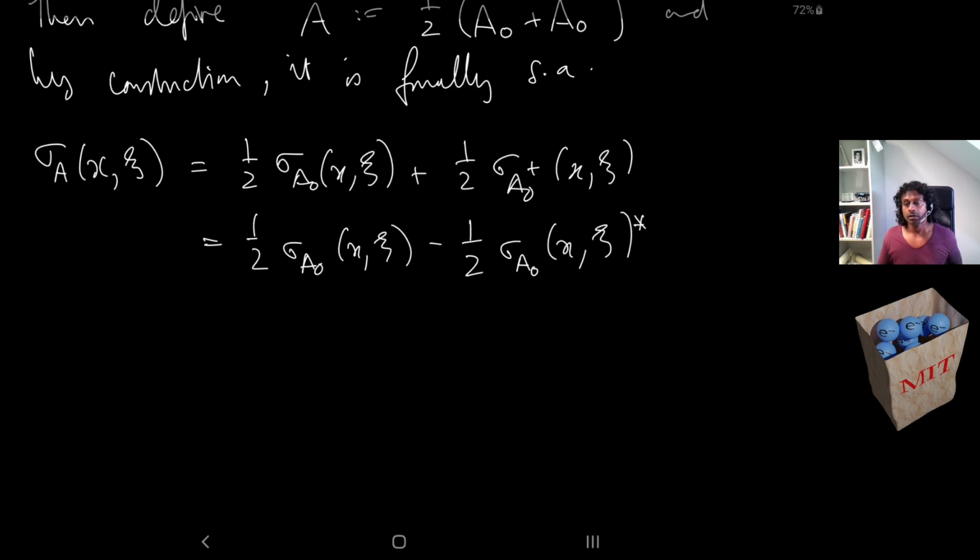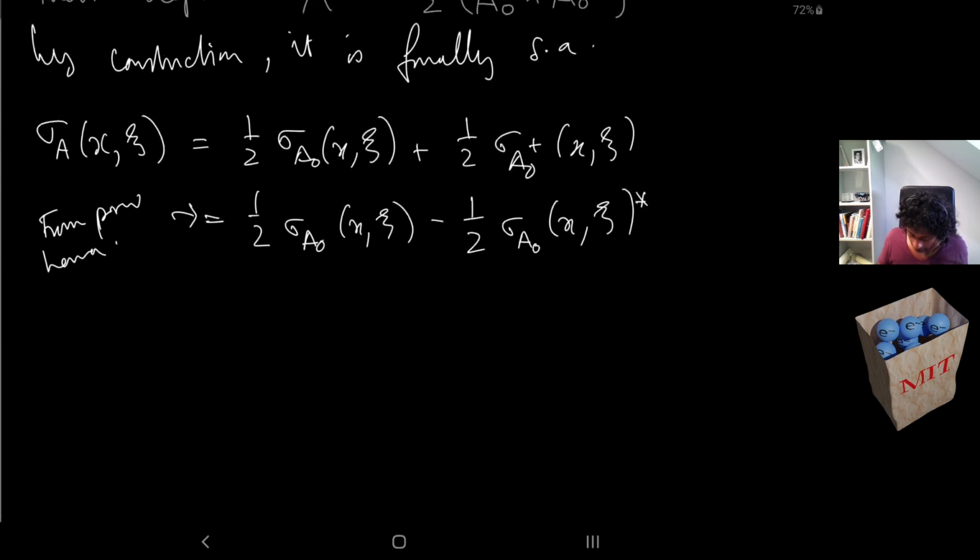This is from a previous lemma that we looked at very early on when we looked at the relationship between the principal symbol of the operator and its formal adjoint. But what do we have now?